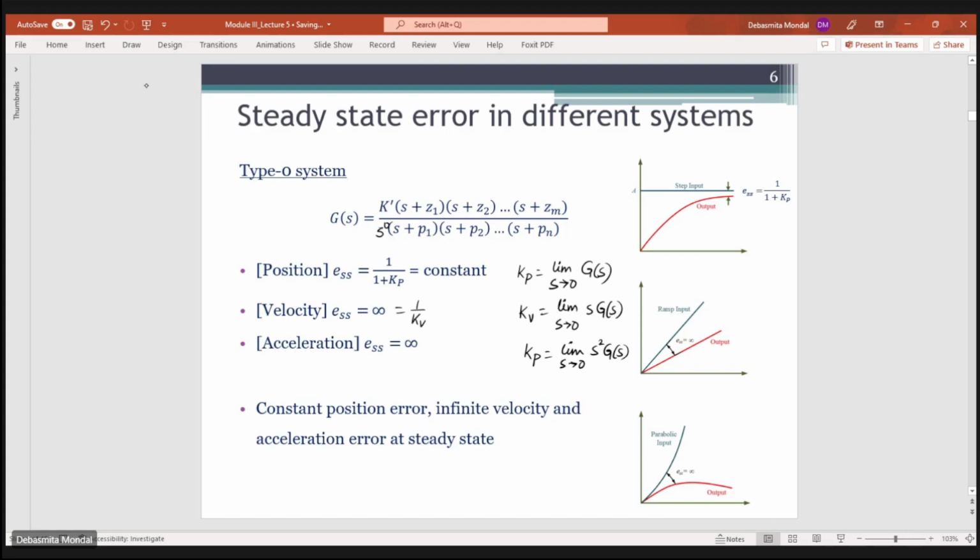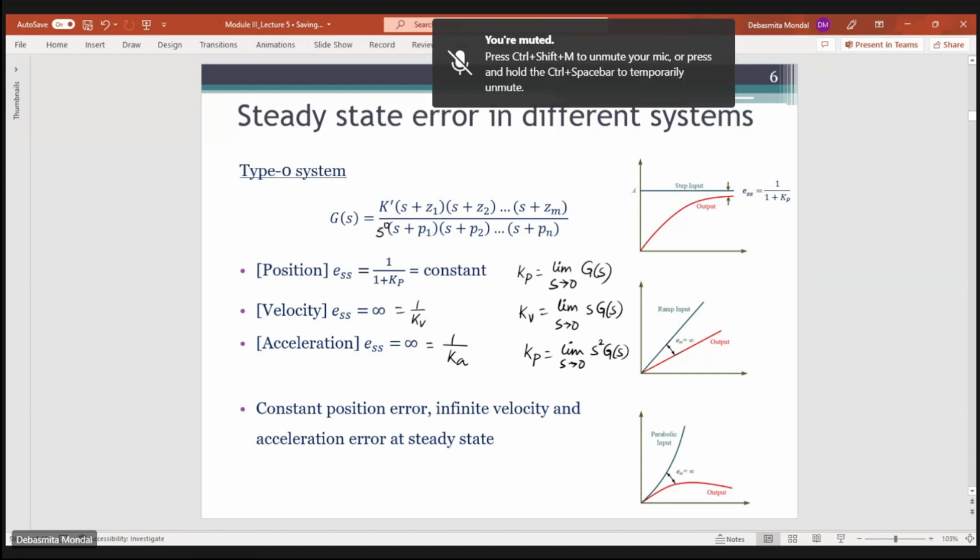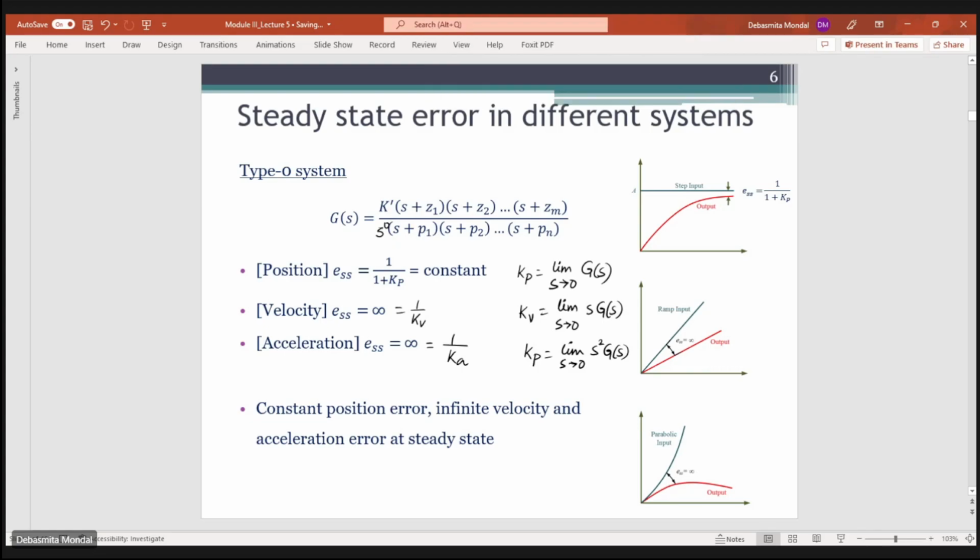So the value of ess, which is equal to 1 by Ka, will also be infinite. That means if you have a type 0 system, it provides a constant position error, but there is infinite velocity and acceleration error at steady state.